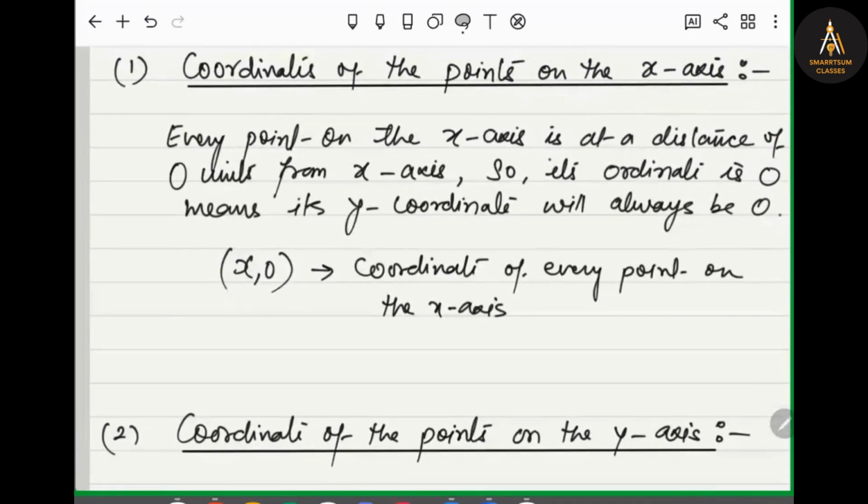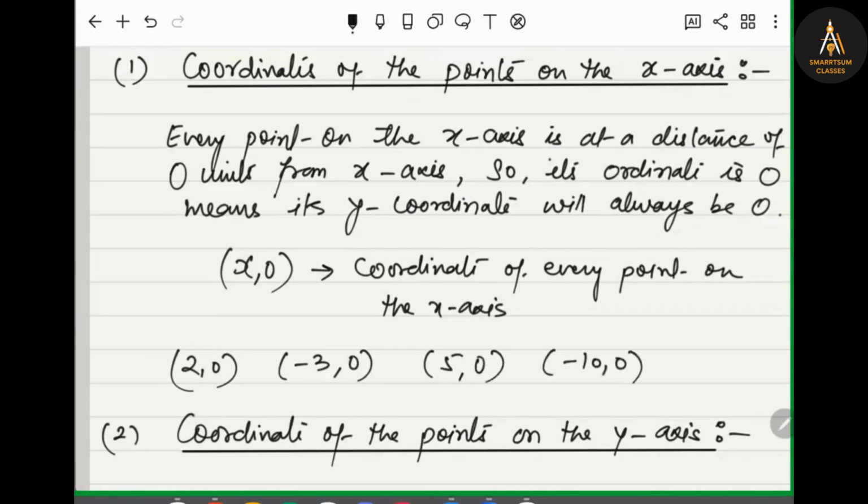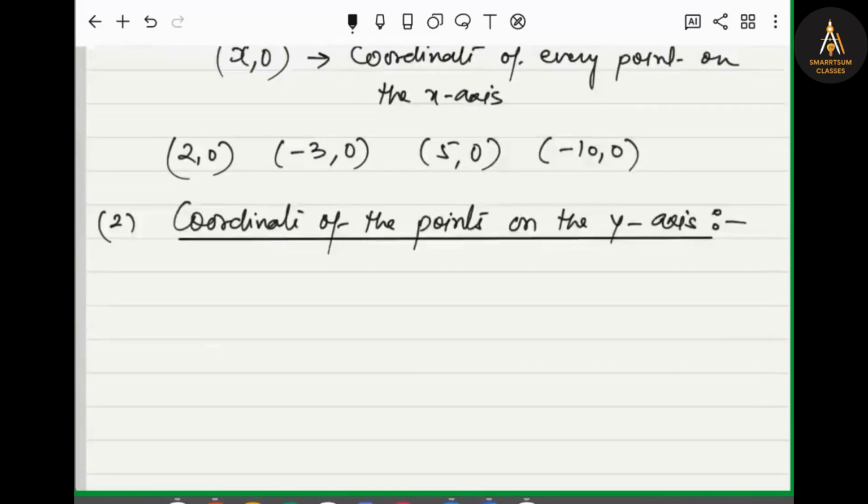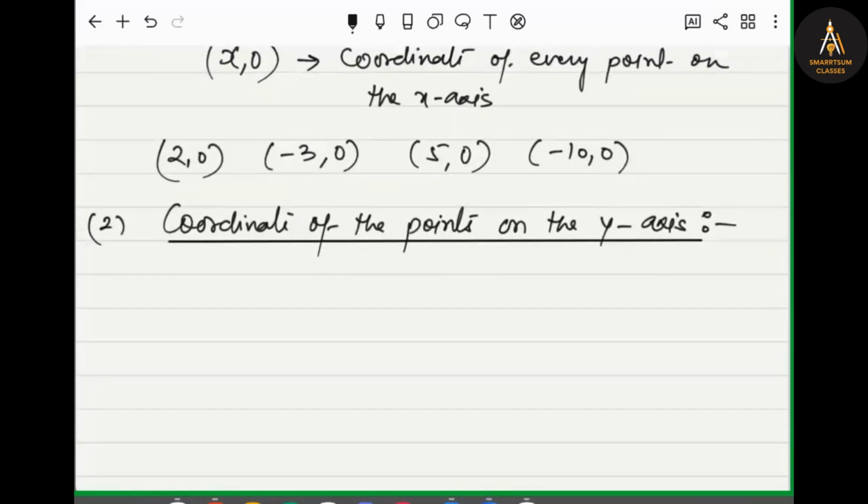In the first one, coordinate of the point on the x-axis, if we have the points like 2, 0, minus 3, 0, 5, 0, minus 10, 0. These are the points which always lie on the x-axis, right? Means the value of x is changing, but the y coordinate is always 0 and it will lie on the x-axis. Now, coordinates of the points on the y-axis.